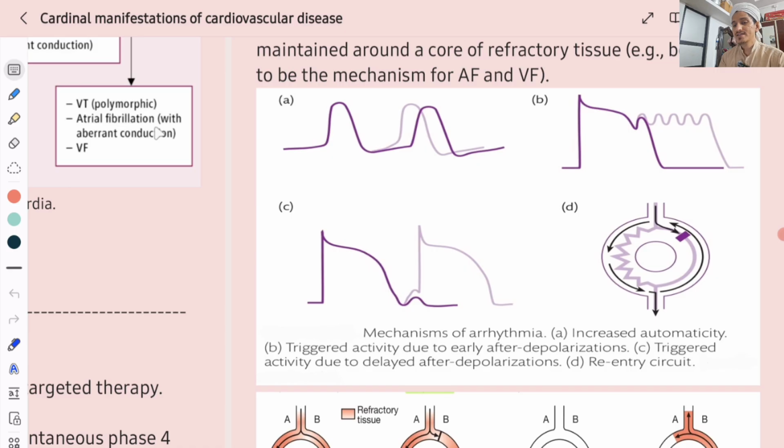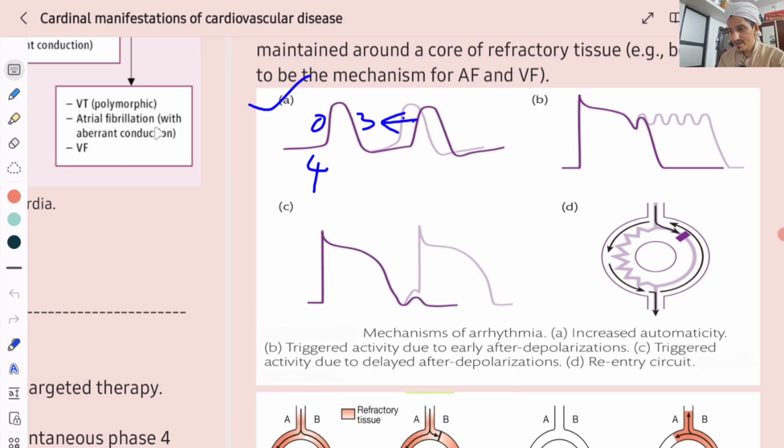So this is an example for increased spontaneous automaticity. See, this is a pacemaker potential. This is phase 0, this is phase 3, and this is phase 4. Due to, for example, sympathetic overactivity, or ischemia, or electrolyte imbalance, this phase 4 is pulled backwards and it becomes straight.